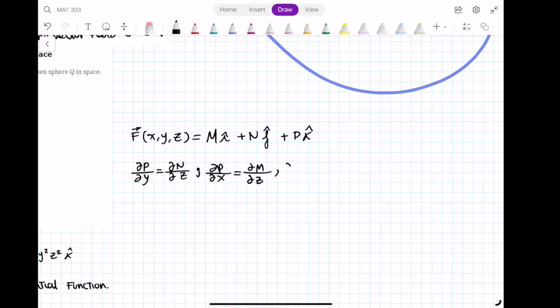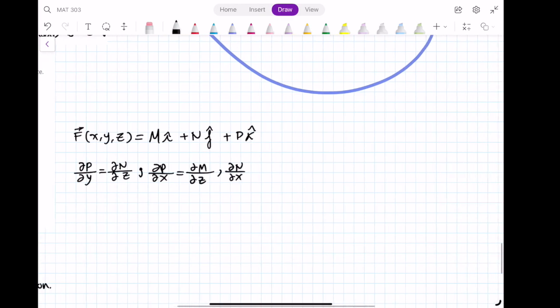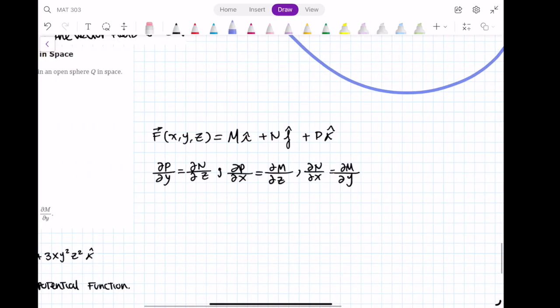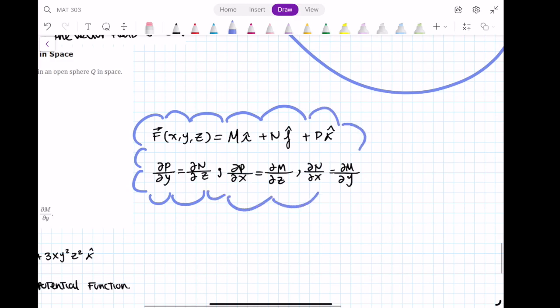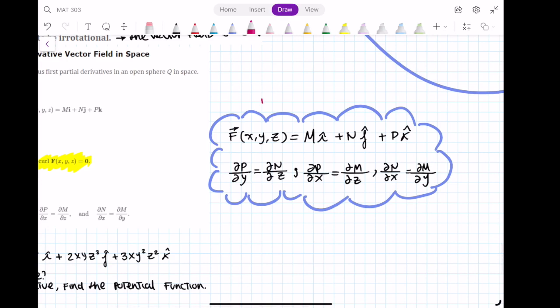Also, the partial of N with respect to x should be equal to the partial of M with respect to y. So this is a note and a key for us to keep in mind, right? And this is in space. That will be 3D, right?